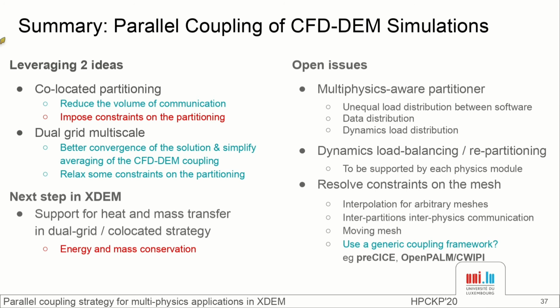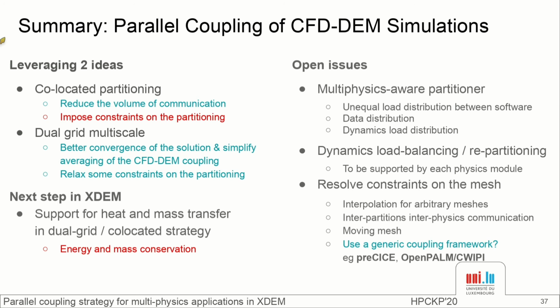Also, another problem that comes with DEM in particular is that the load distribution will change over time, because the particles will move from one part of the domain to another, which will completely change the computation load and also the communication load.